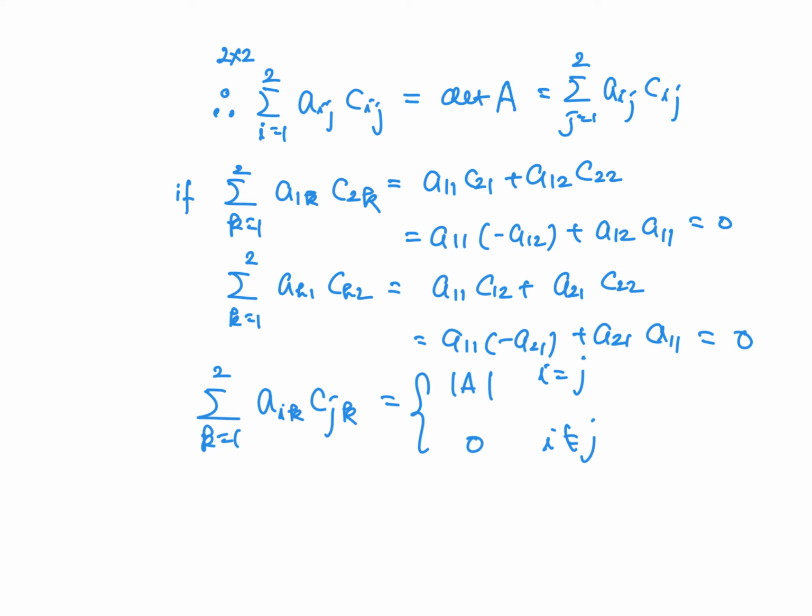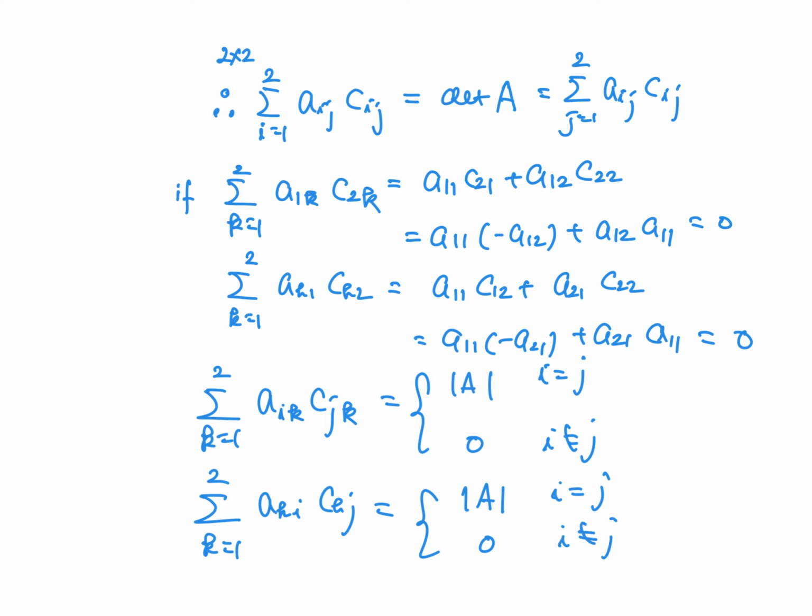Or the same with Aki Ckj, same result. I equal j, determinant A; different, 0. So this is a very important property.